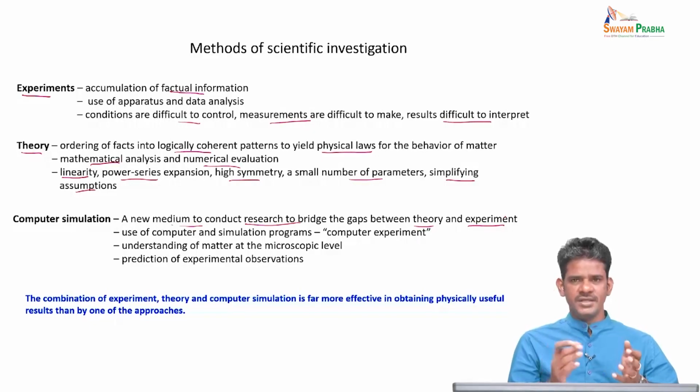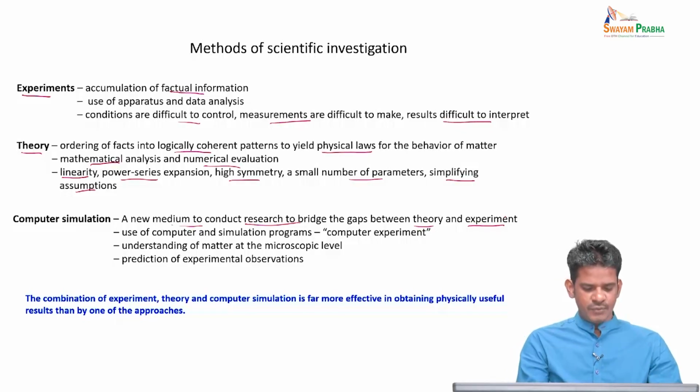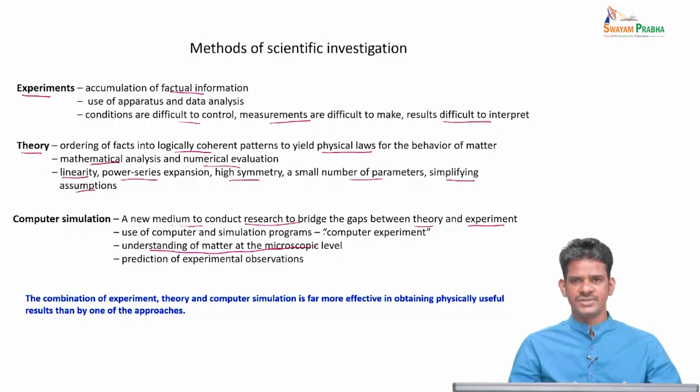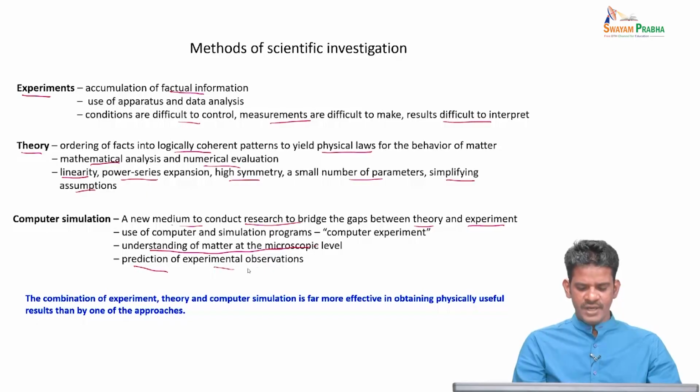In places where theory or experiment is not very strong, you can actually resort to doing the experiment in a computer. What we are hoping to get by doing computer simulation is to understand the microscopic level details of a system or a physical phenomena. And we also hope to get some prediction of experimental observations as well.